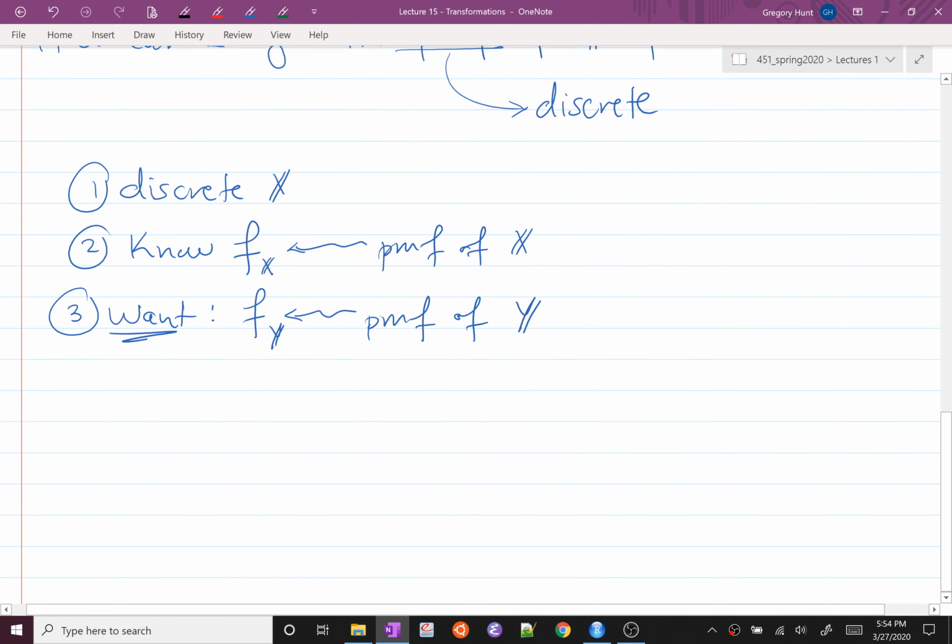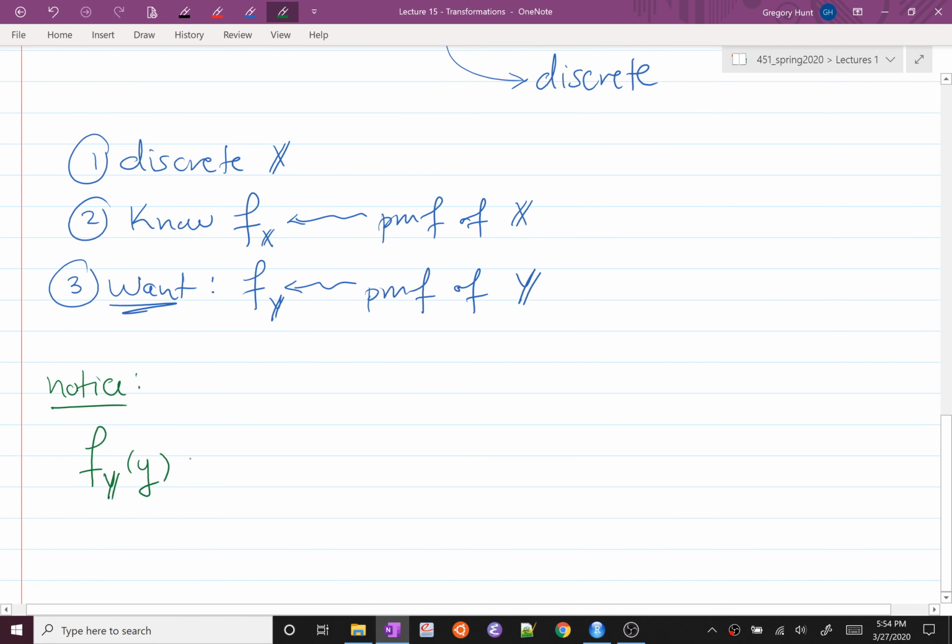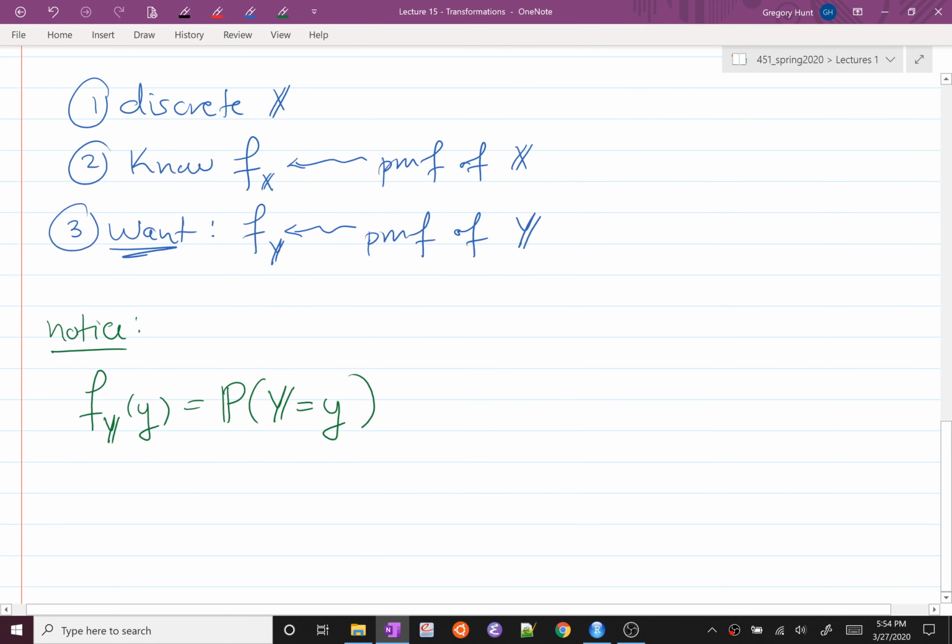So let's look at how we derive the PMF of y. So notice that f sub y of some little y is equal to the probability that y is equal to some value little y. That's how we define PMFs for discrete random variables.